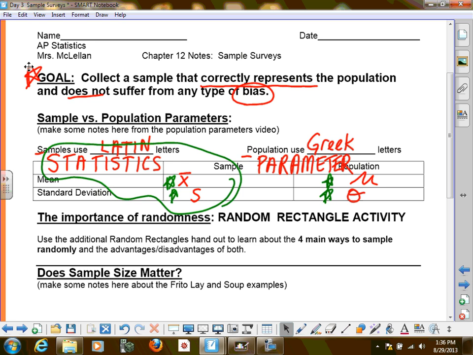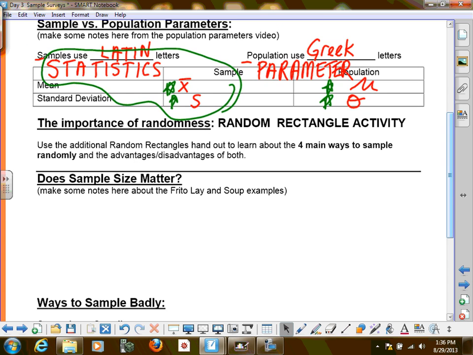All right. Next thing, the importance of randomness. You did your random rectangle activity last night, so get that out. We're going to discuss it and then fill in the analysis on the back page.